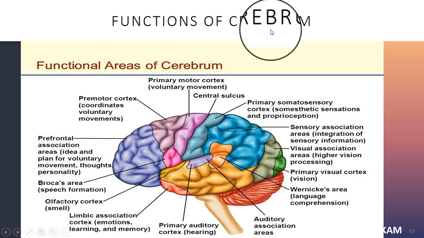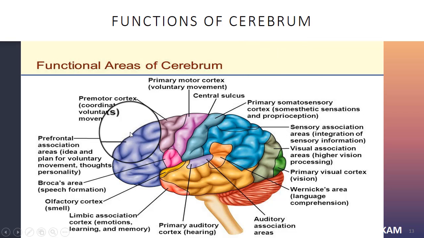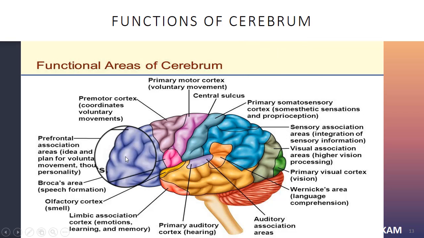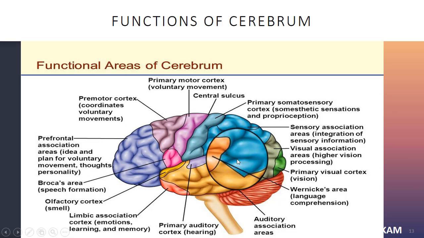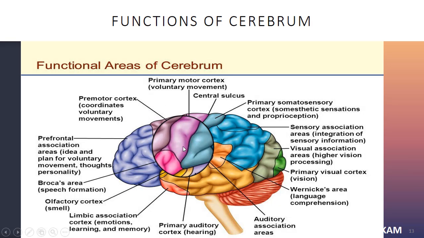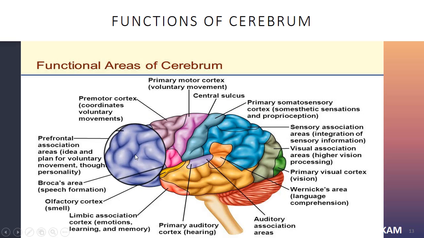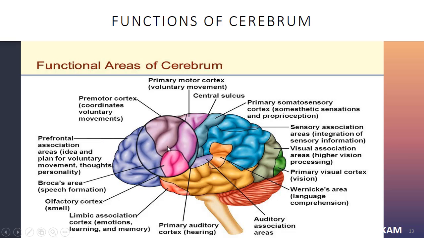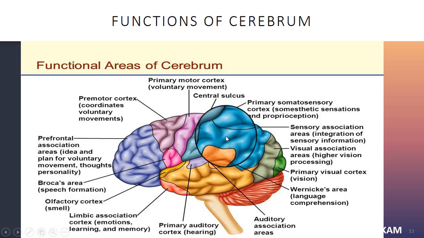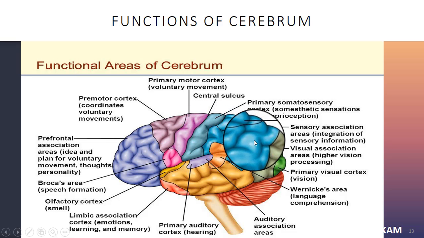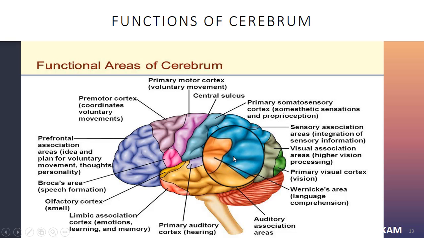So the cerebrum, which is the front of the brain, is composed of the right and the left hemisphere, as we have earlier talked about, which are joined by the corpus callosum. The functions of the cerebrum include initiation of movement, coordination of movement, temperature, touch, vision, hearing, judgment, reasoning, problem solving, emotions, and learning.